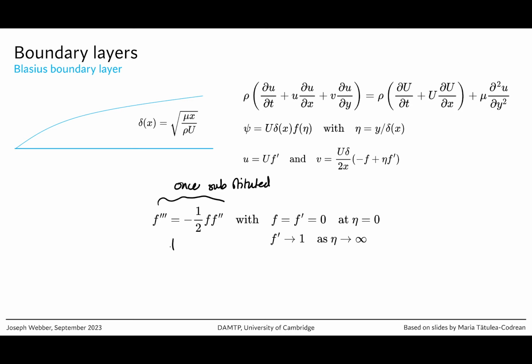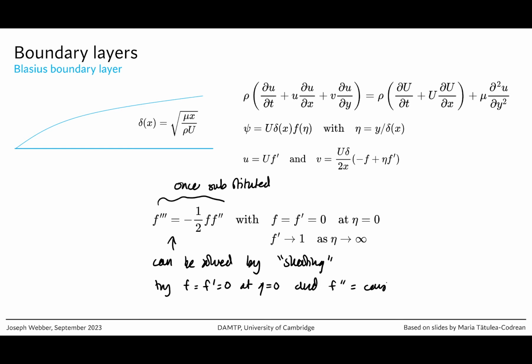Now this can be solved numerically by a technique called shooting. And what this is, we apply some boundary conditions. So this is a third order ODE. We know that f equals f prime equals 0 at eta equals 0. So we try f equals f prime equals 0 at eta equals 0, and f double prime is equal to some constant.